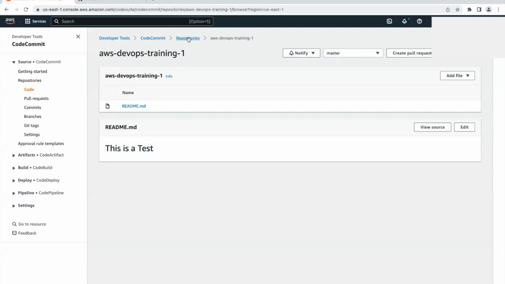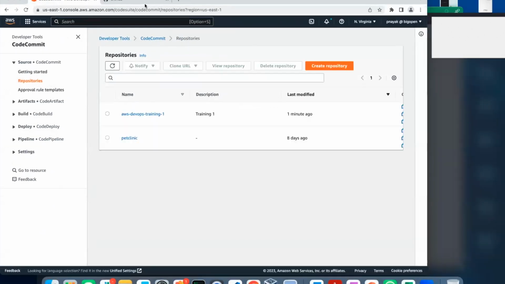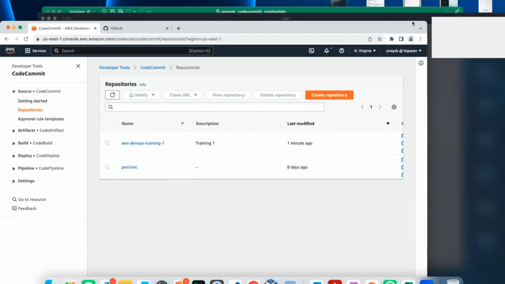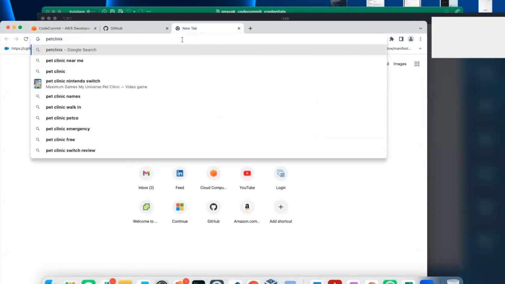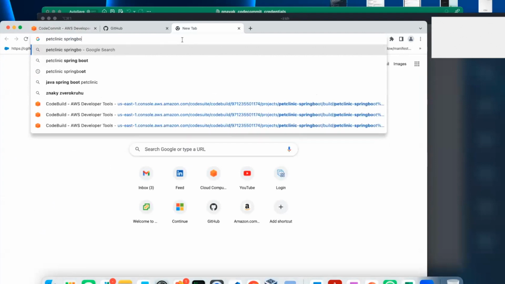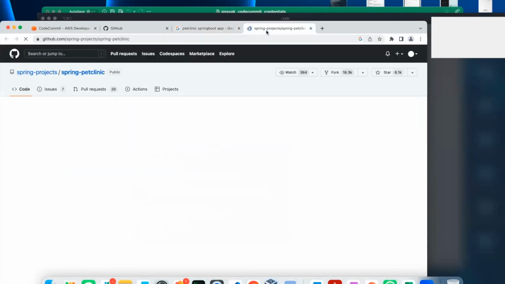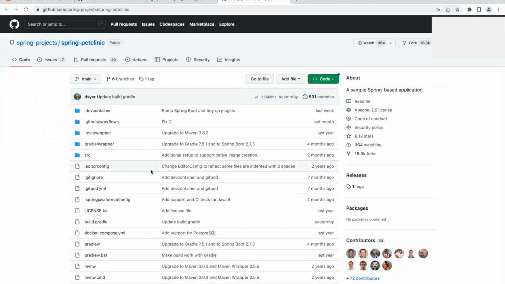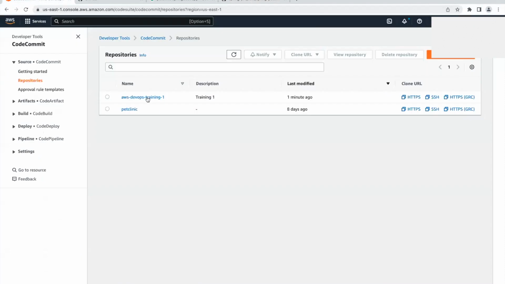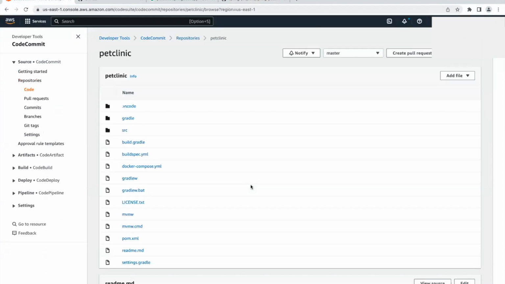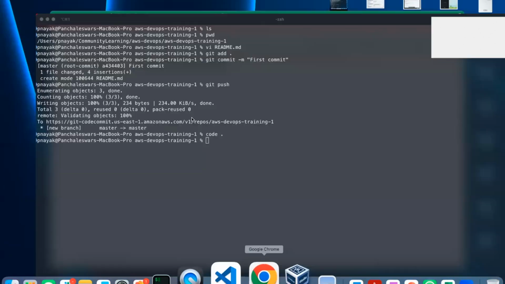In a similar way, I downloaded a Pet Clinic Java application. It is a microservice, I think, a Spring Boot application, Pet Clinic. I downloaded this and cloned it locally, and then I pushed it here.